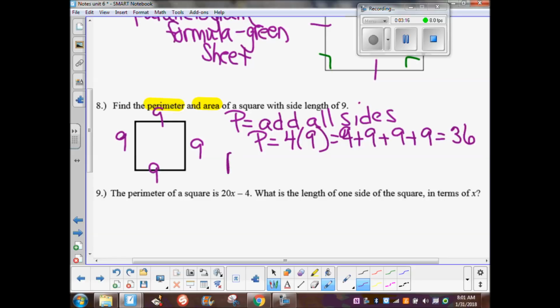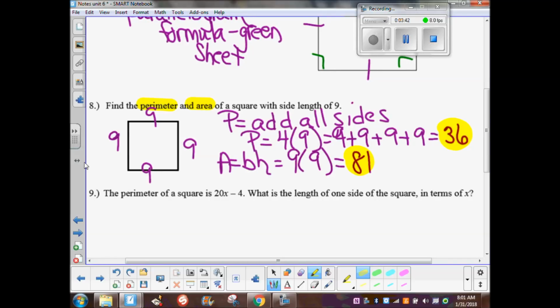And then the area, we just said it's base times height. So what's the base? 9. What's the height? 9. So 9 times 9 is 81. So did we answer both questions? Yes. Perimeter, area.